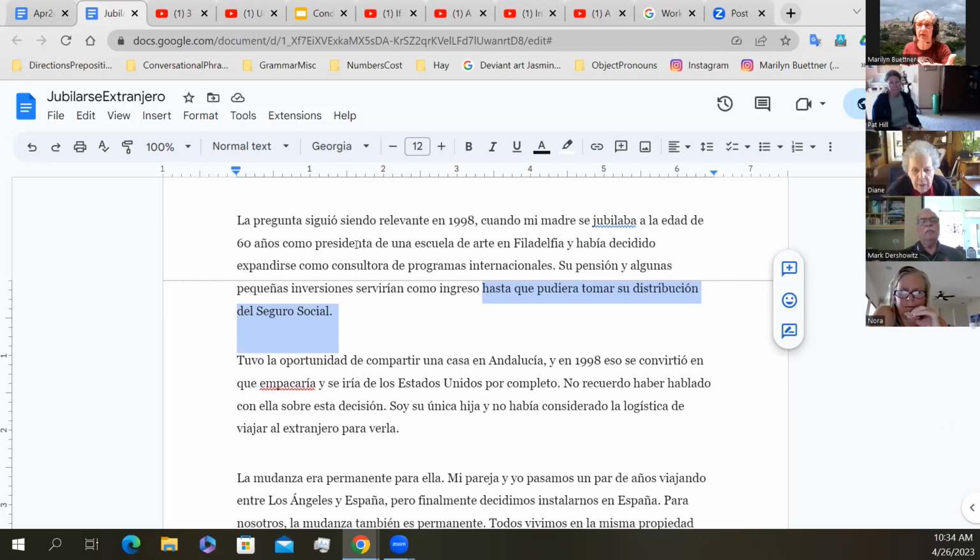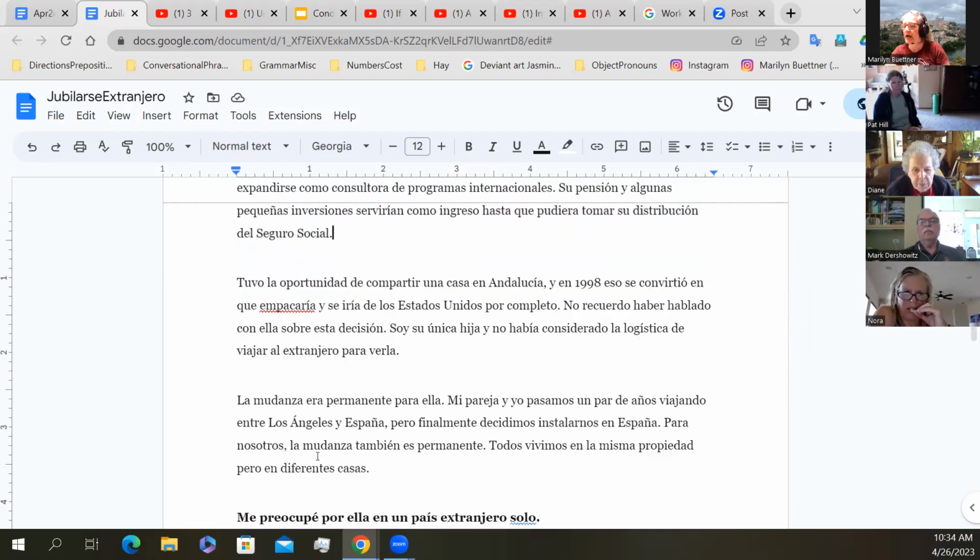So, and we use that word distribución for distribution in Social Security. So that's not a big leap to have to look that up. We got the chance. Oportunidad here does mean opportunity, but we would plug in the word chance for that.